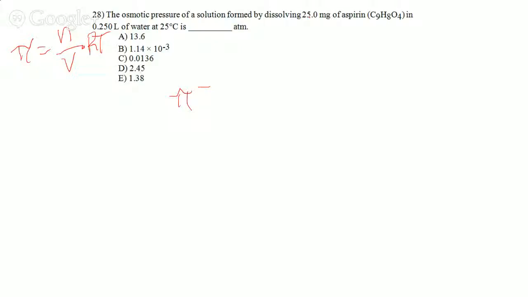All right, well, they tell us milligrams, and they tell us liters, and they tell us temperature, and they want the pressure. So we just kind of do some plugging and chugging. Right, so how do we get moles? Well, we got to divide grams. So if they give me milligrams, I got to convert to grams, and then divide that by the GFM, which is 180.2.